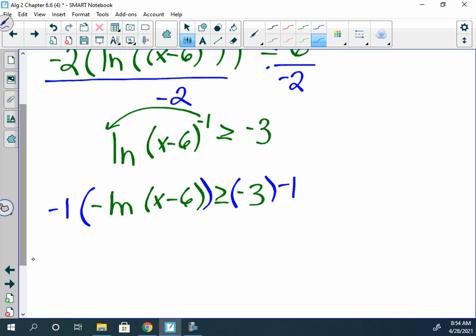Now, I moved the negative 1 out front. And I want to get rid of this negative because if I can get rid of negatives anywhere near the x, I try to. Because the negative and negative would be positive ln of x minus 6. Well, I multiplied by negative, so I have to flip it back.